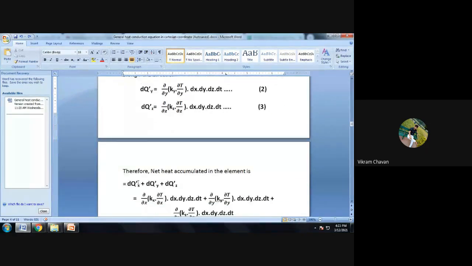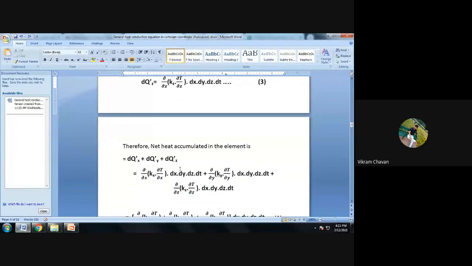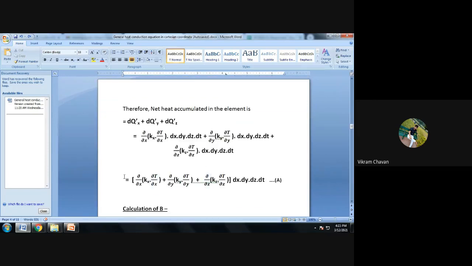Further, we have done the addition of these three equations to find the net heat accumulated in the element. Then we have to take the common dx, dy, dz, dt from all three parts of the equation, and we will get this particular equation, which will be called the net heat accumulated in the element from all directions. So we have given this equation number A. Okay, equation number A.